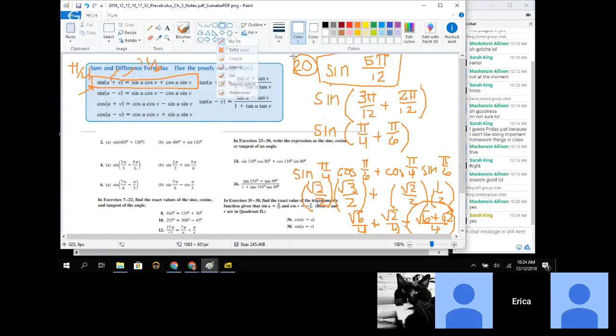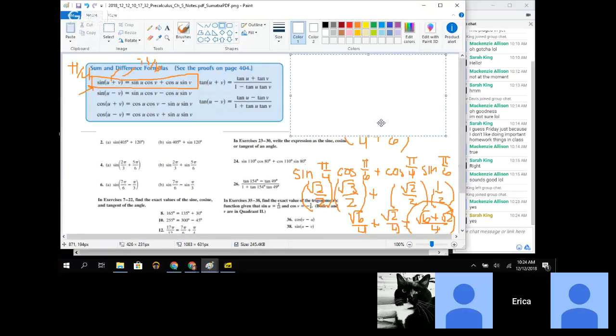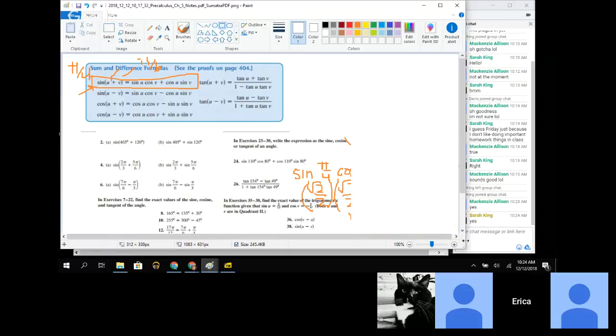So what I mean by that is if you look at number 24, okay, number 24 says, write the expression as the sine, cosine, or tangent of an angle.